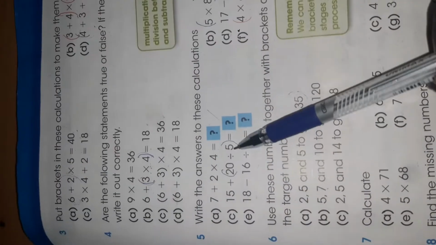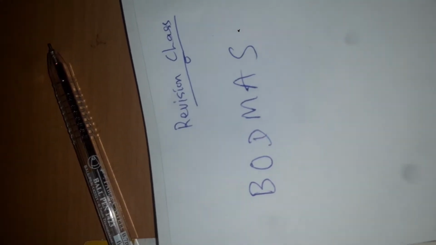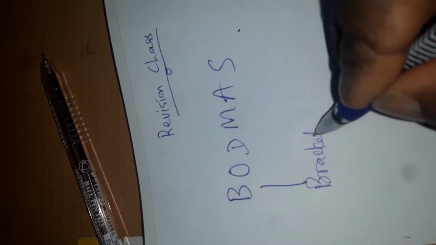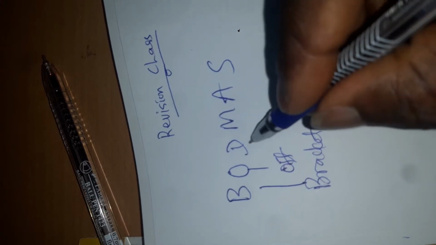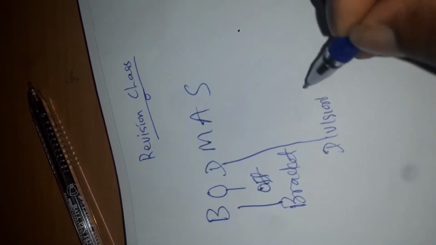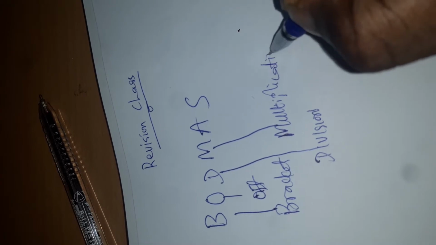Now, before I start this question, I want to remind us about BODMAS, okay? Now, your B is for what? Your brackets, okay? Your O is your of, okay? Your D is for division, okay? Your M is for multiplication, okay?